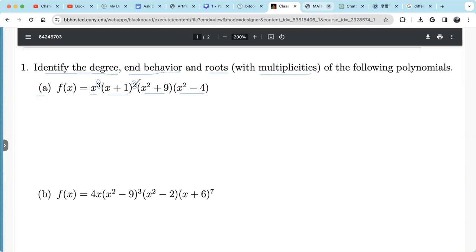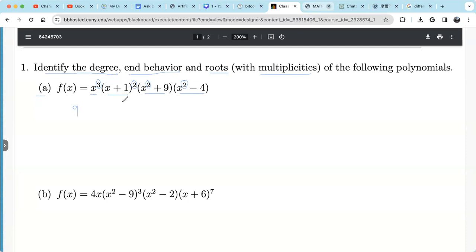The third factor's leading term is a square, and the fourth one also has a square. So the degree will be adding all those exponents up, because each one is a factor, right? Factor means multiplication, and multiplication of the same base, we add the exponents. So I have 3 plus 2 plus 2 plus 2, 9. So the degree of the first one is 9.